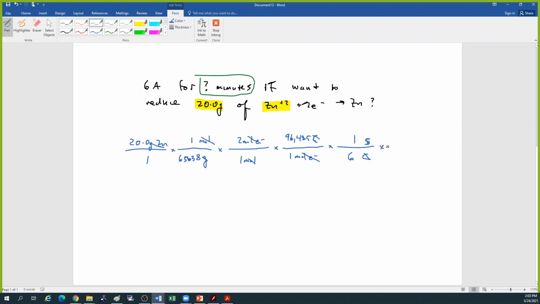And once we know it in seconds, each minute is worth 60 seconds, and we could figure out our final answer in minutes, hours, whatever we want. So we literally just set it all up backwards by following the units through. 20 divided by 65.38 times 2 times 96485 divided by 6 divided by 60. This would take us about 164 minutes. Or if you like, about 2.7 hours.